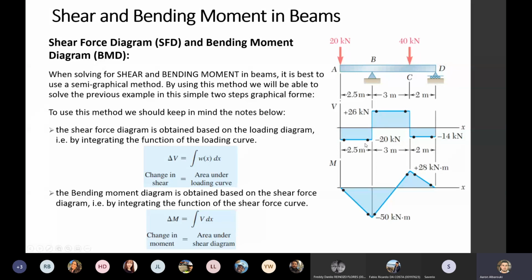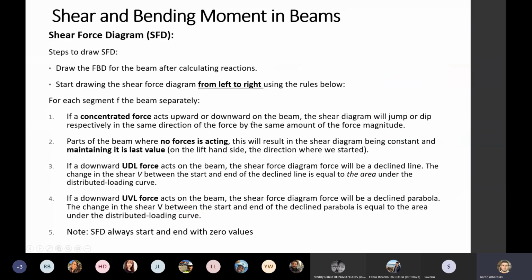Looking at this shear force diagram, I moved from negative 20 to positive 26. That means I know the reaction force here is 46, because that moved my shear force diagram 46 up, from negative 20 to positive 26. We'll explain that a bit further.